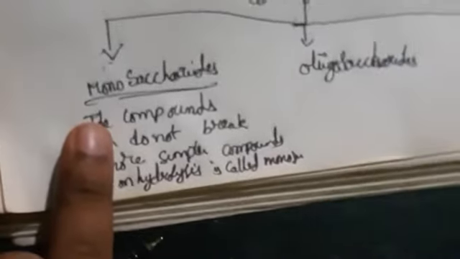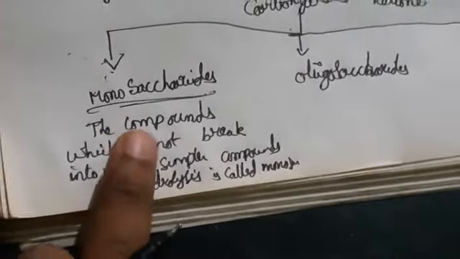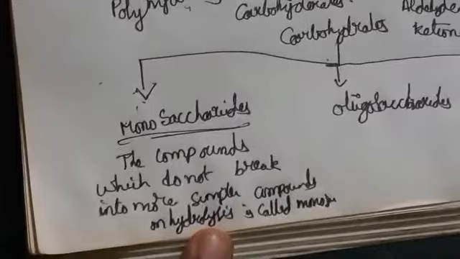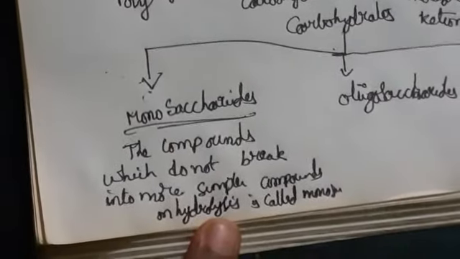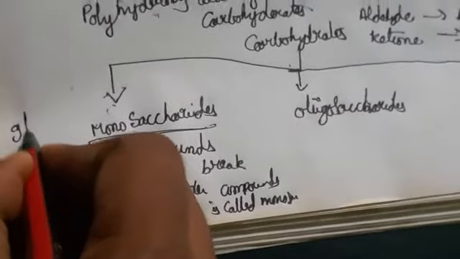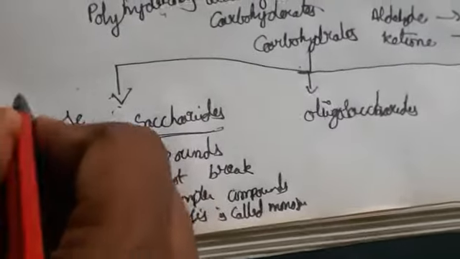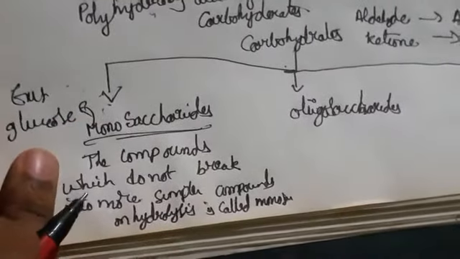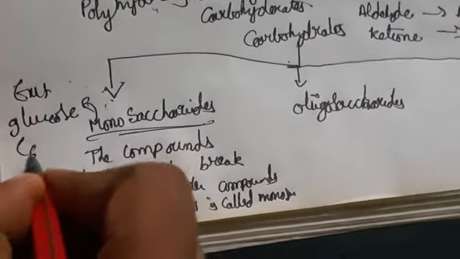What do you mean by monosaccharides here? The compounds which do not break into simpler compounds on hydrolysis we call monosaccharides. For example, if I take glucose, what is the formula here?